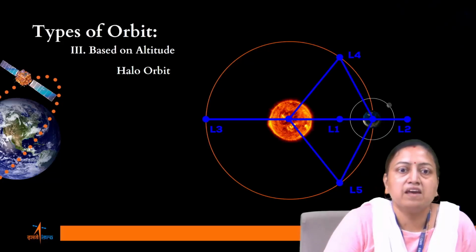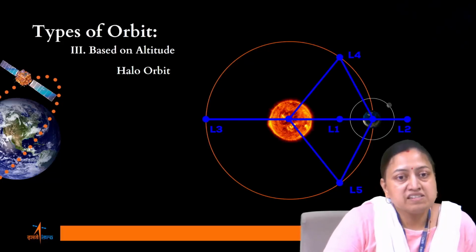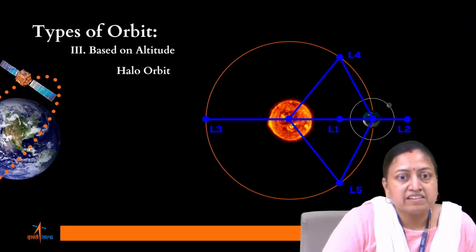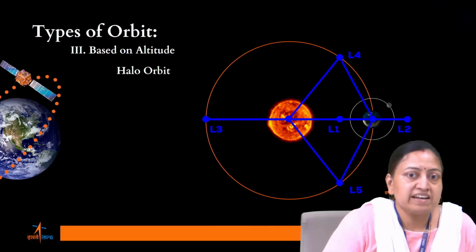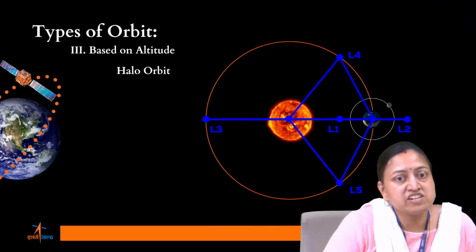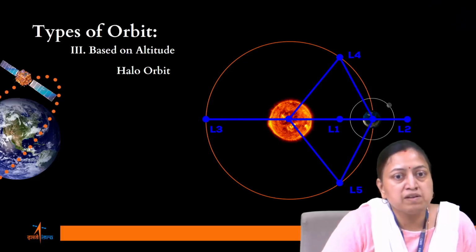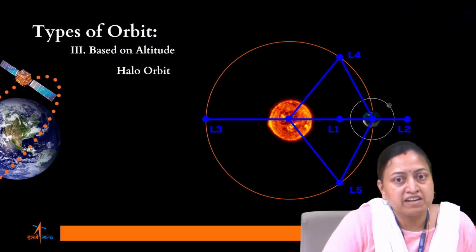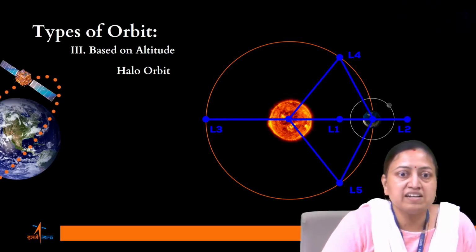Halo orbits. Consider a system of three objects. Let us take the Sun, Earth, and satellite. There are specific points in the system where the gravitational forces of the two massive bodies are at equilibrium such that a third small body, here a satellite, can safely orbit around the point between without drifting into an orbit around the Sun.